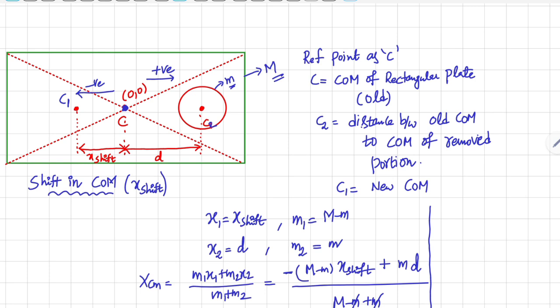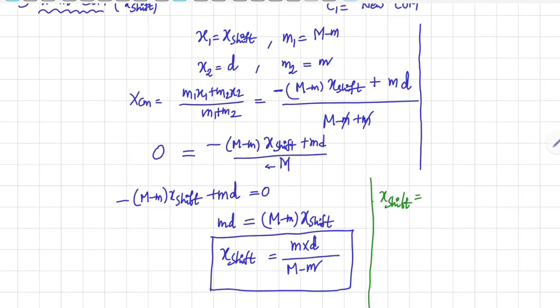So in place of small m, we can write the removed mass, the mass of the removed portion, which here is a circular portion, multiplied with d. What is d? The distance between the old center of mass and the center of mass of the removed portion.